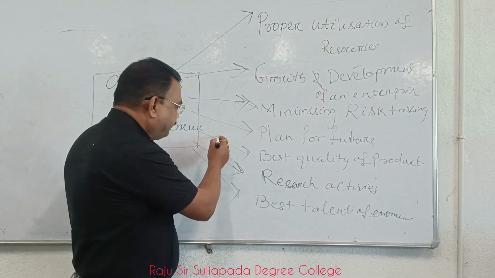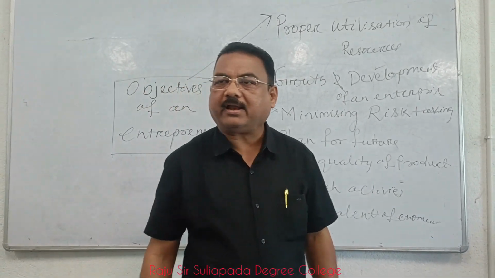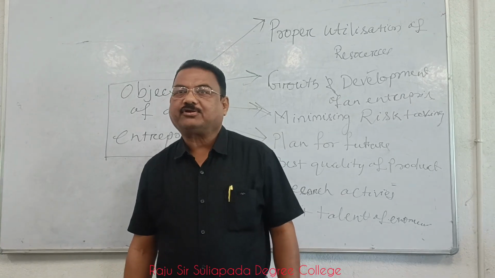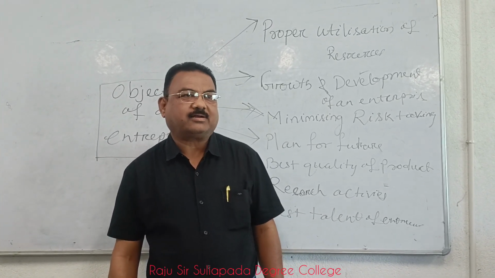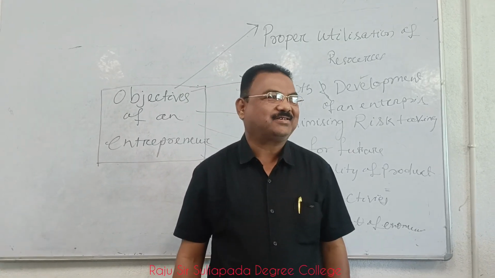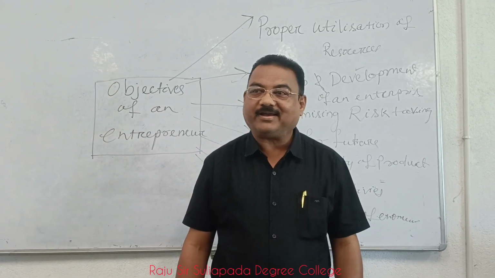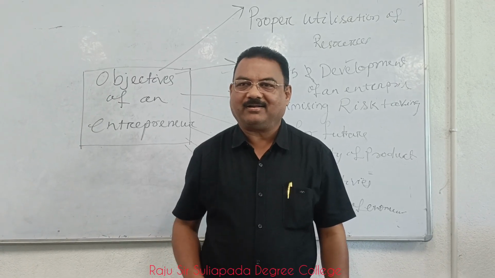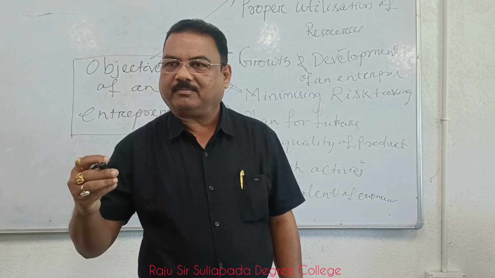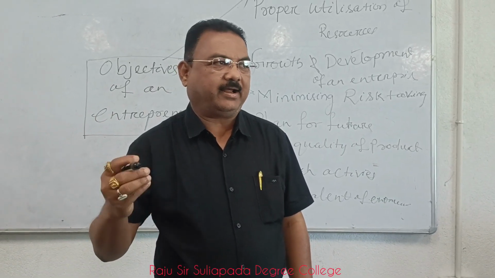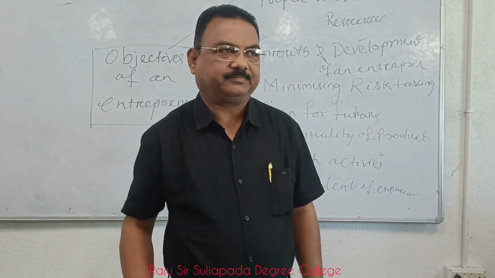Another point is best quality of product. Best quality of product means nowadays consumers have become conscious about the quality of the product. Every consumer buys a product and chooses a product for quality.